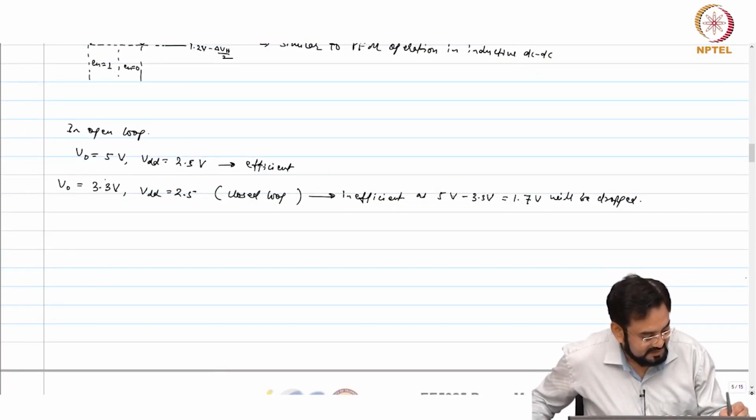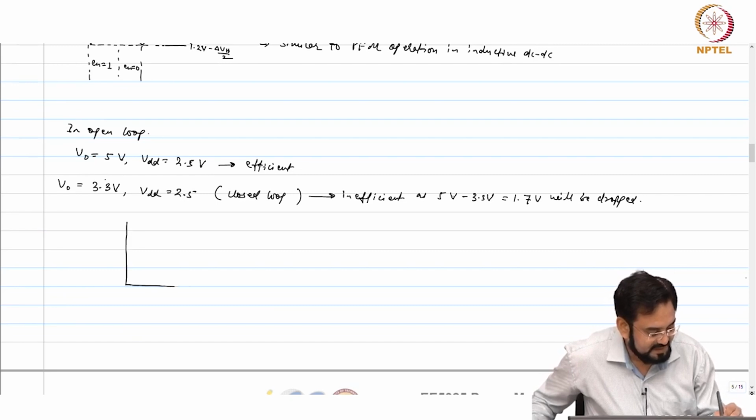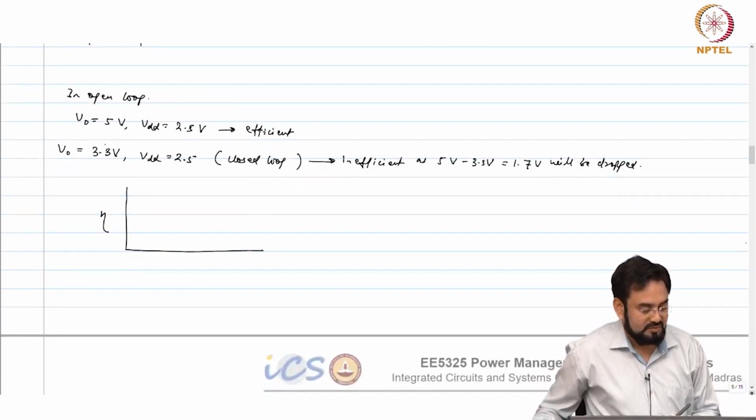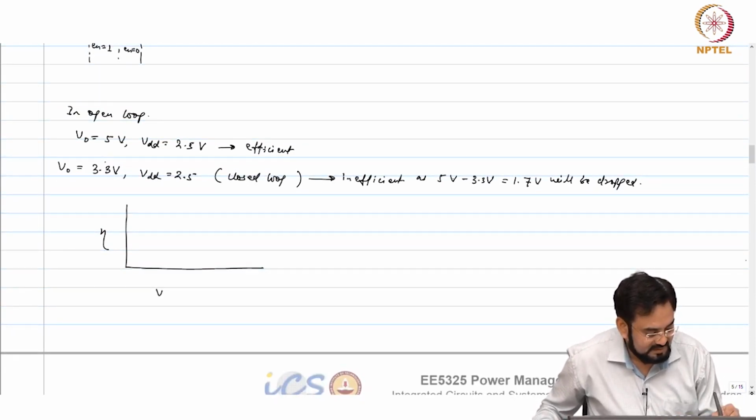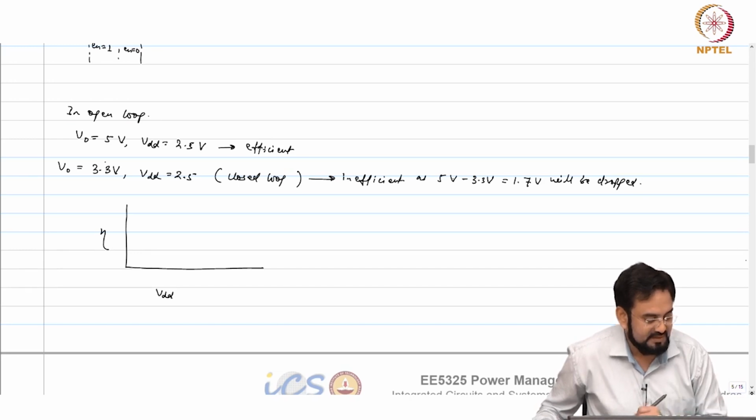So, if I want to plot the efficiency curve, let us say this is VDD.